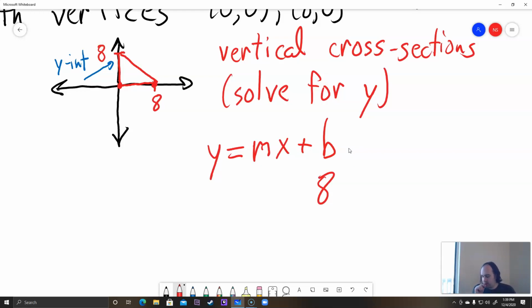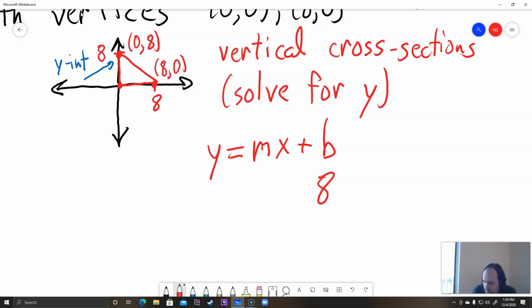And then how do we figure out the rest of the problem? Well, we can figure out the slope of this line by just looking at these 2 points here. So this first point is the point 0, 8, and the second point is the point 8, 0.